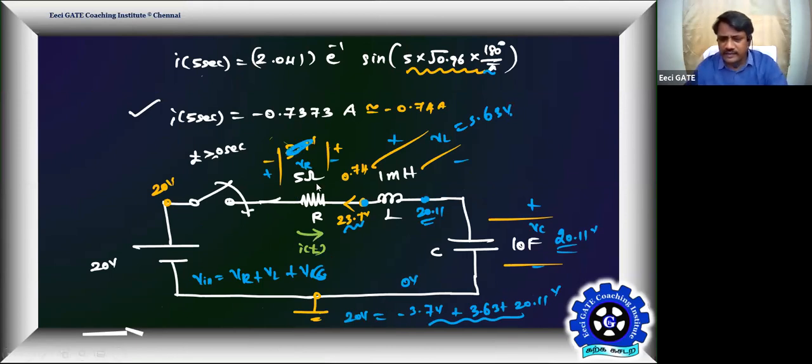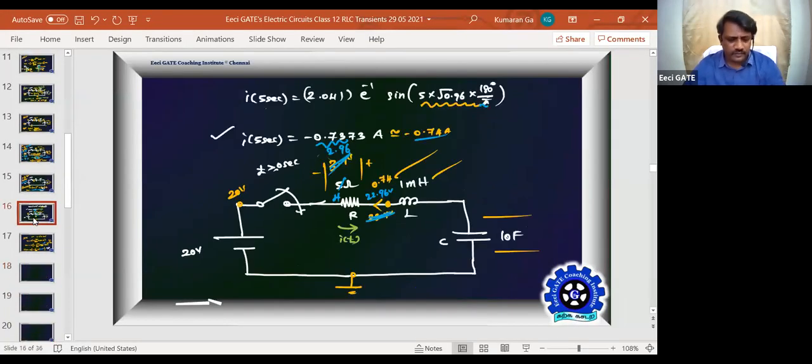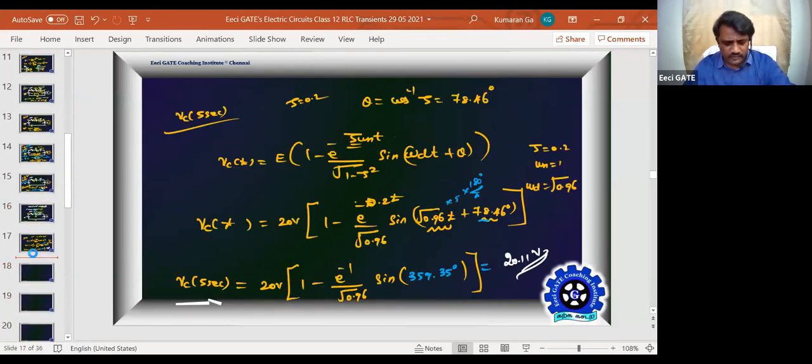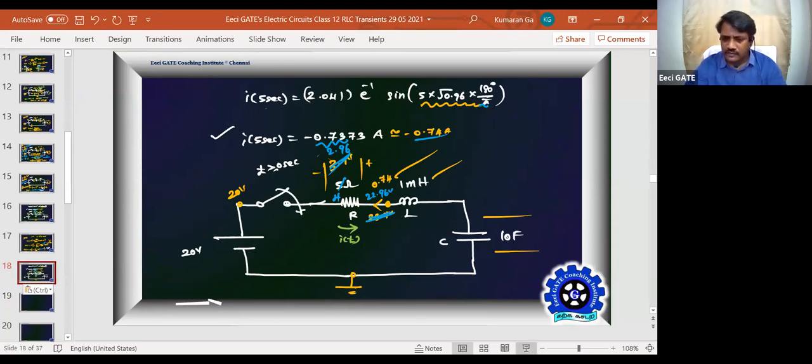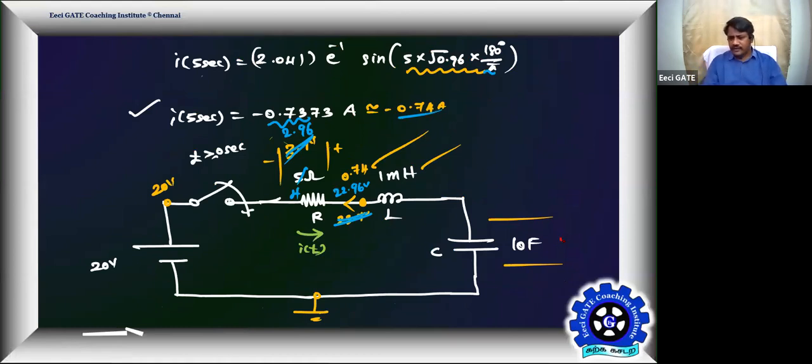Okay, one minute. Yes, the voltage across the capacitor is 20.11. Plus minus. So therefore, this is going to be 20.11.